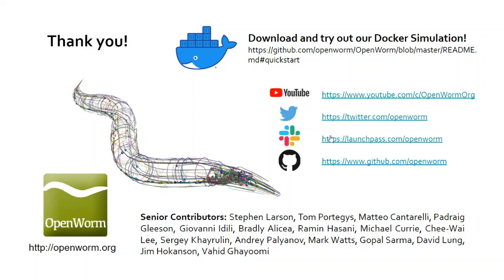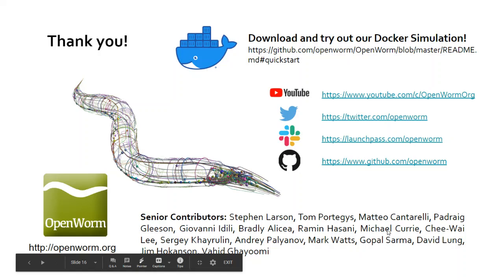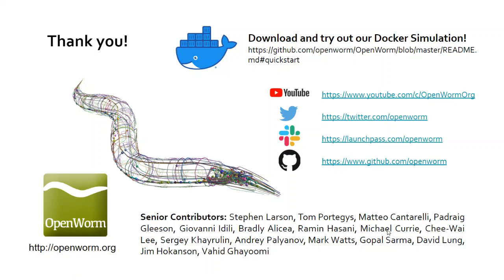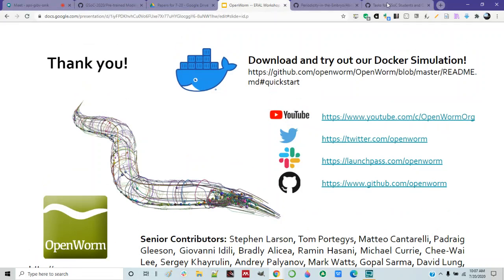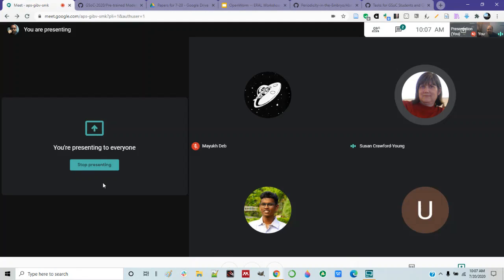Then you can visit all of our media outlets, GitHub, Twitter, YouTube, and join Slack. And then these are the senior contributors, and there are a lot of other contributors. I mentioned that it's hundreds of people working towards this goal, and I encouraged people to join in. So that was the talk that I gave to this group of people.